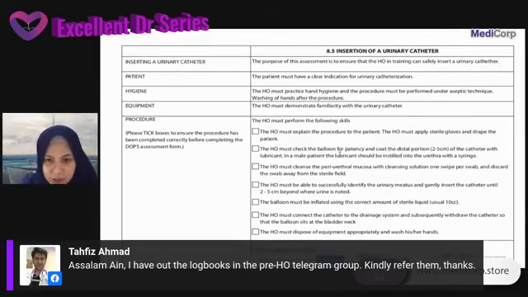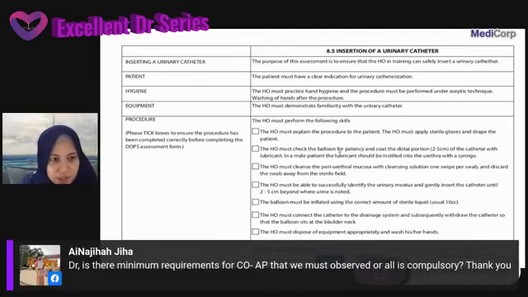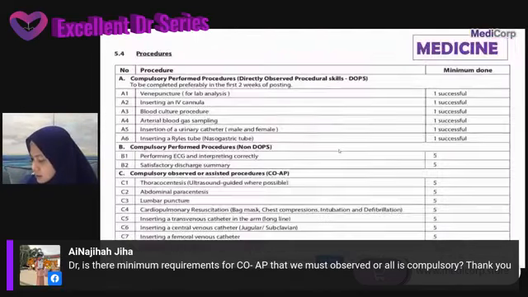Okay, we have another good question by Ain Najiha. Is there a minimum requirement for COAP that we must observe, or is all of it compulsory? Let's go back and see. If you see here, for all the CPP and COAP, you will have 5. So minimum, you will need to do 5, or you will need to observe 5.